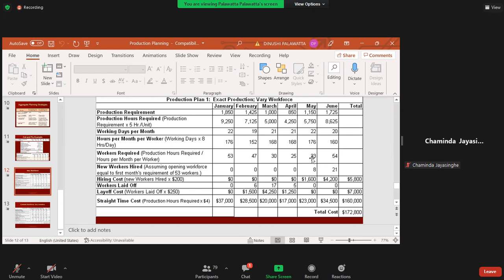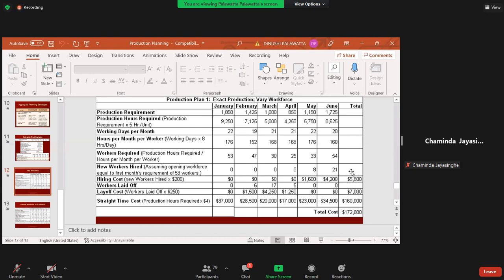You have 33 workers, so you have to hire 21. 21 multiplied by 200, 4,200 will be the hiring cost. No layoffs, therefore no layoff cost. And then 8,625 multiplied by 4, you get 34,500.